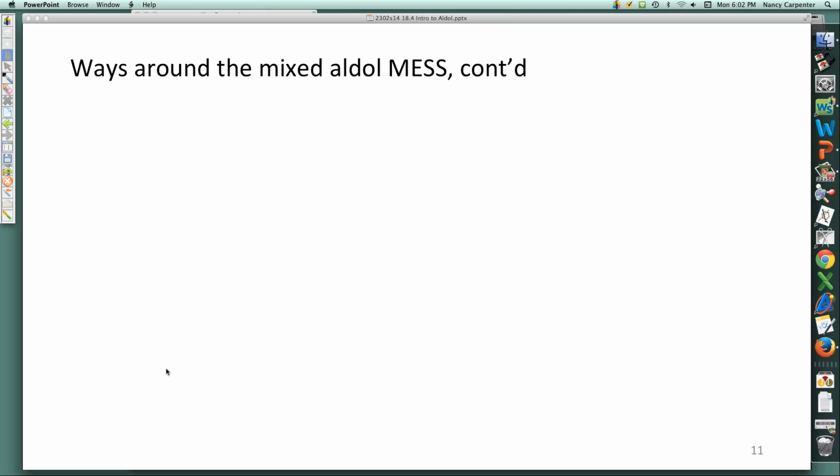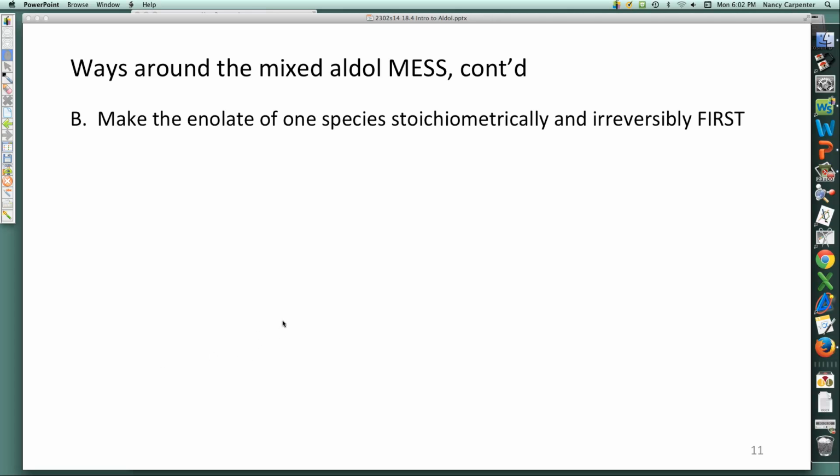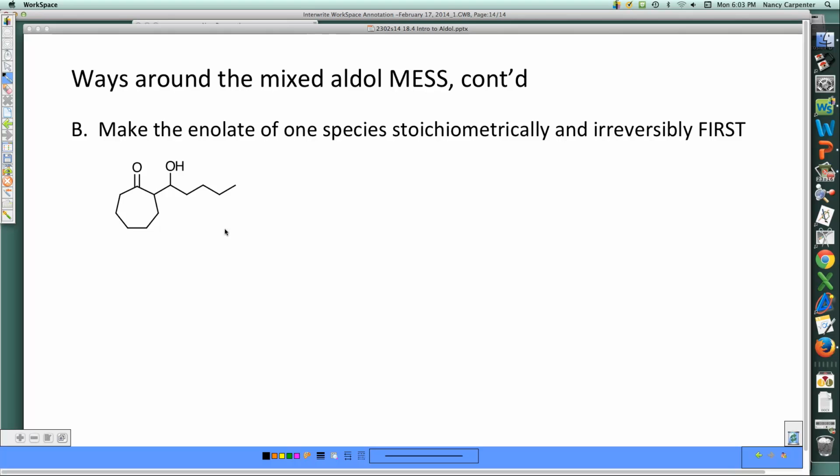Another way you can control the mixed aldol problem is to just make sure that you make the enolate of one of the two partners first, and then combine the two. So, say for example, I wanted to make this aldol product. Now that's going to be a bit of a problem if I just throw everything together.